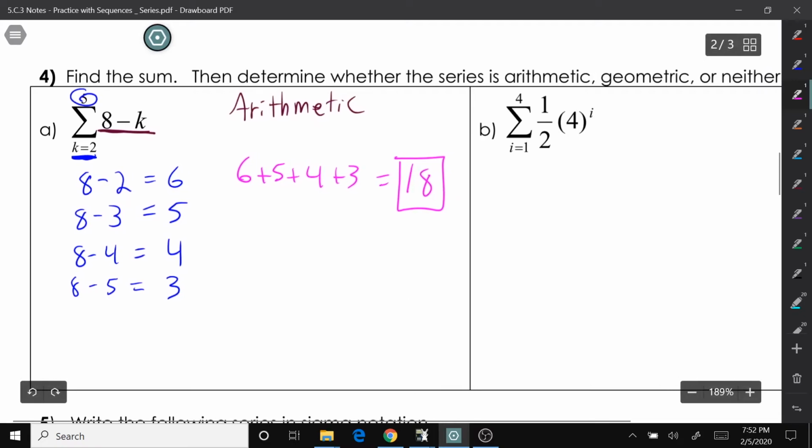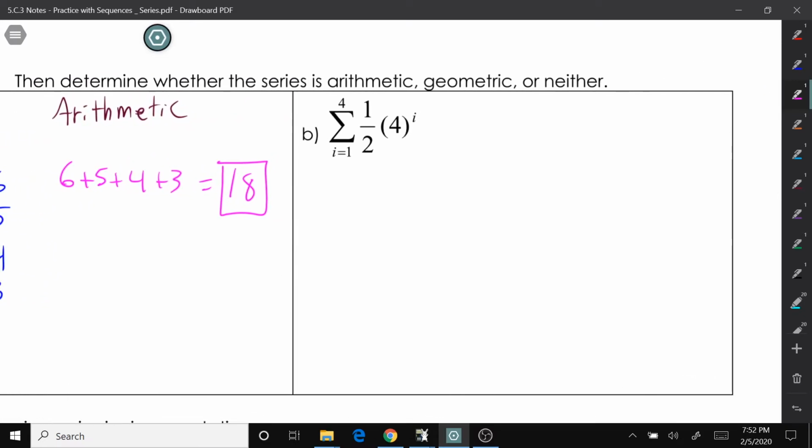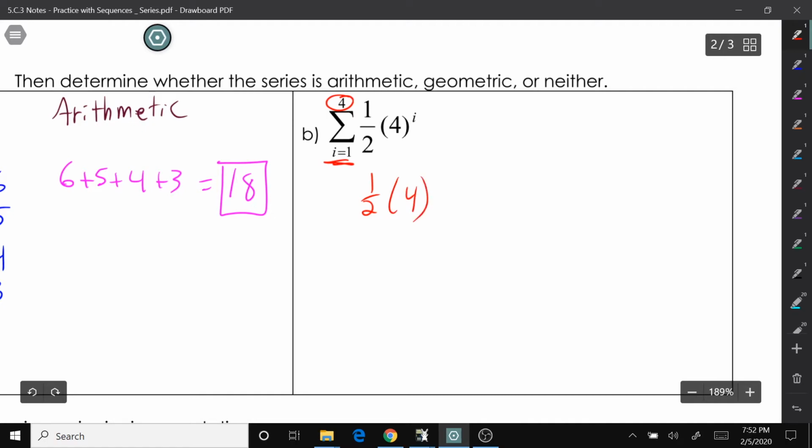All right, now let's look at letter B. We're starting at 1 and going up to 4. So 1/2 times 4 to the first power.